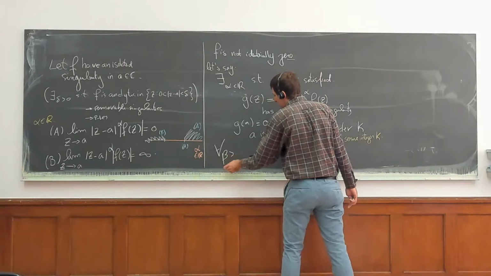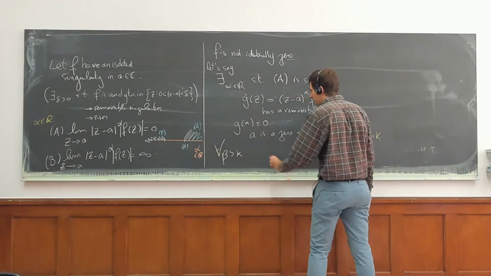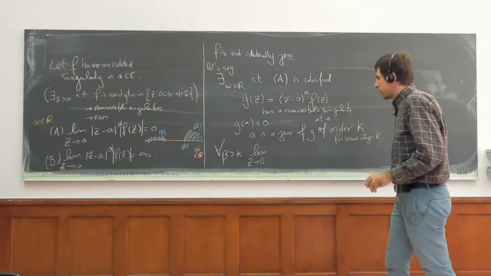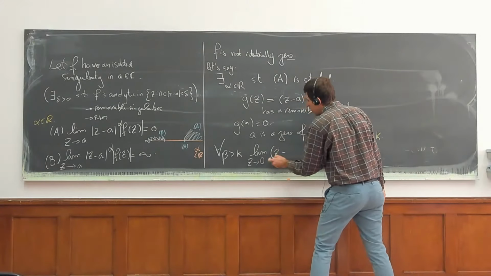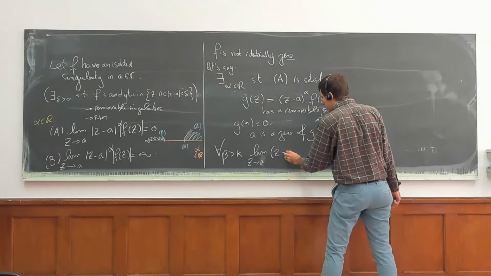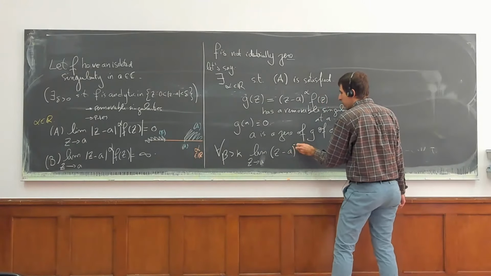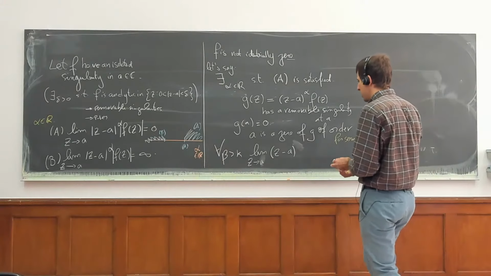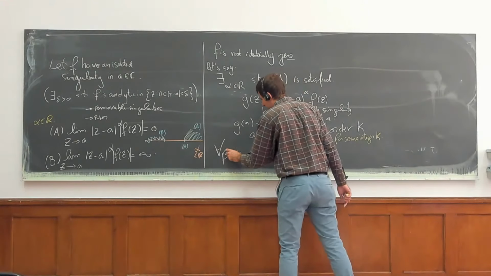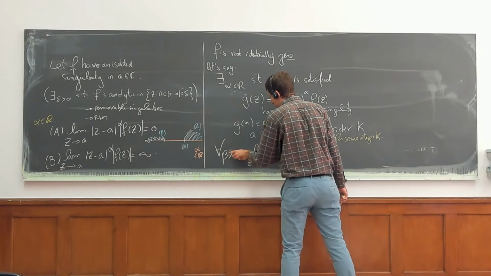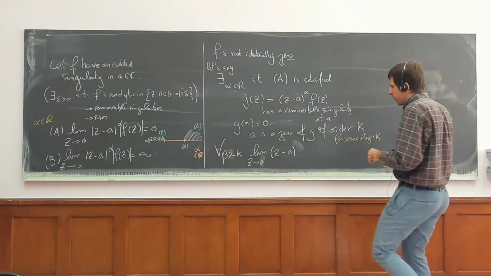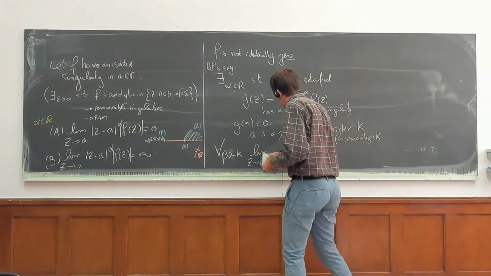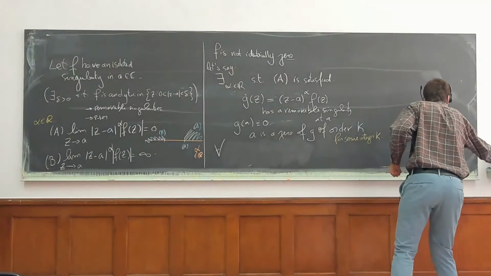But now, if this is true for some integer k, then this means that for all beta bigger than k... let me do this in another way, just so that I don't have to define as many letters.